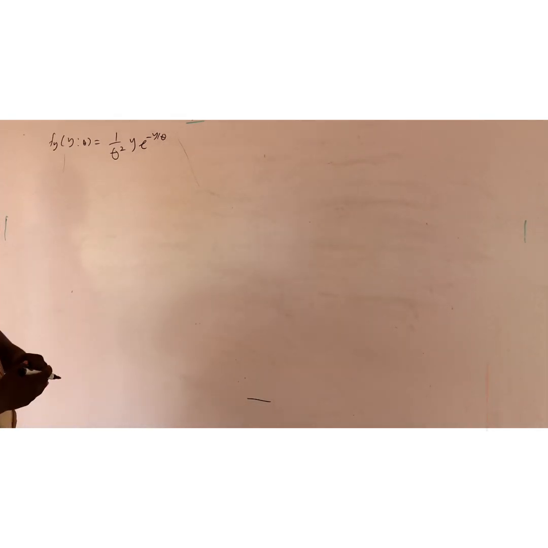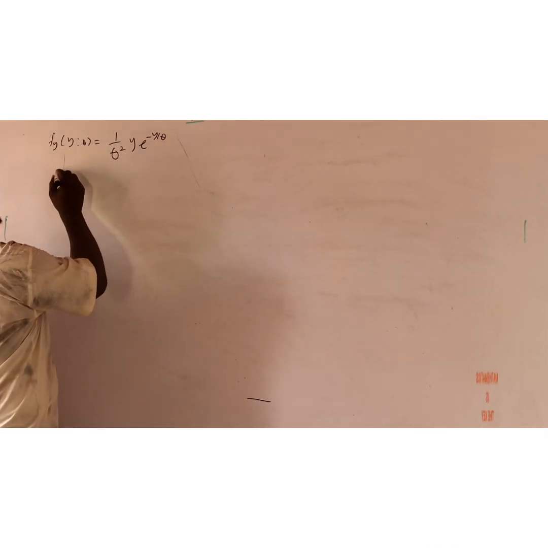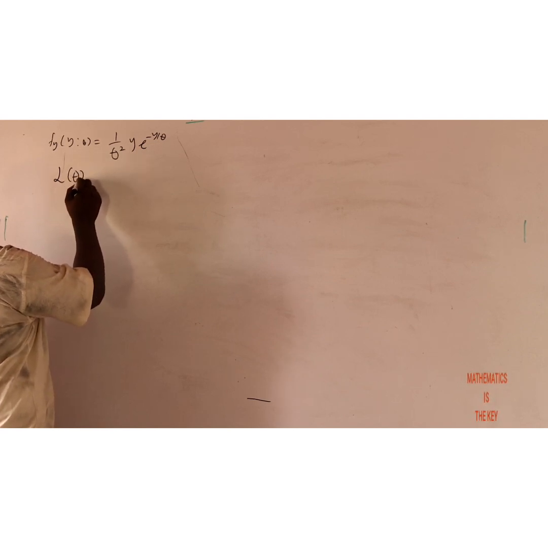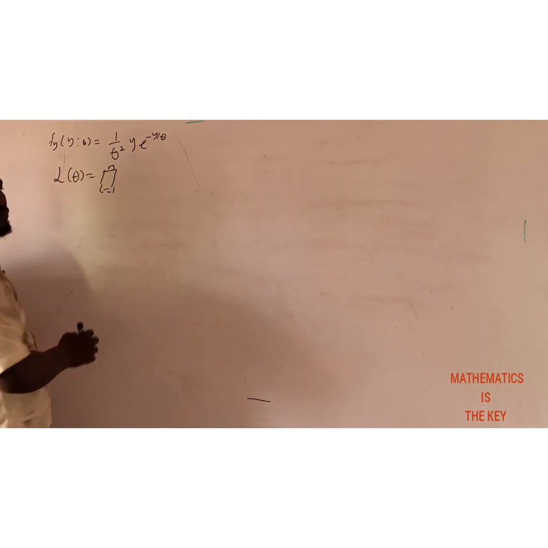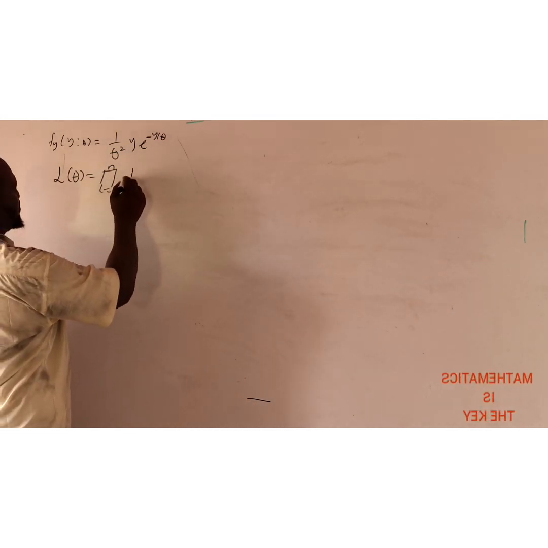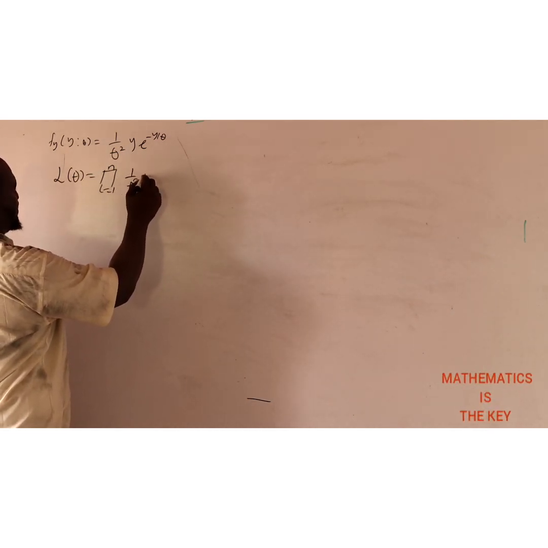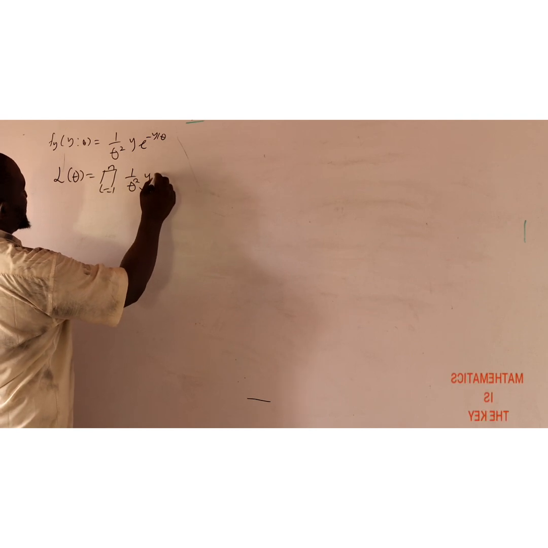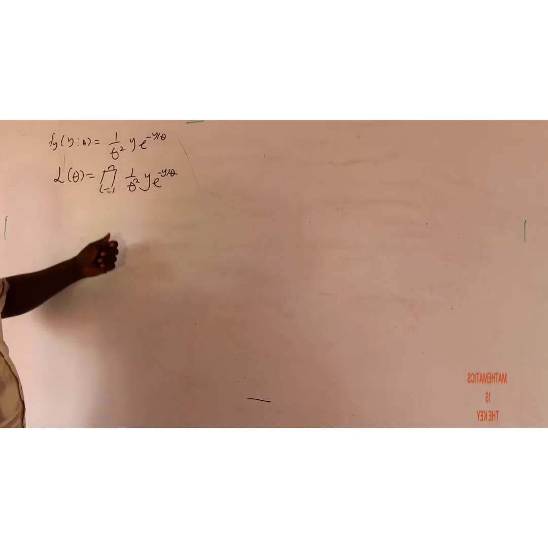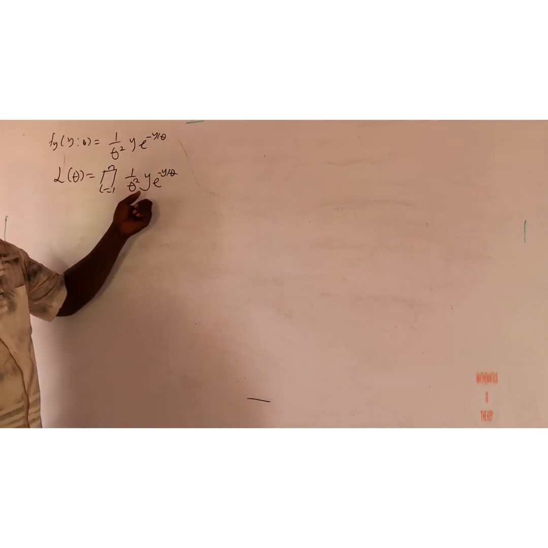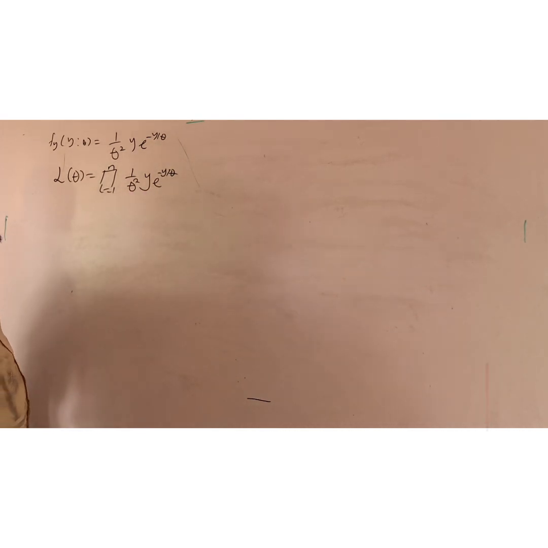So this is our function, and by definition, the likelihood of theta is defined as the product from i equals 1 to n of the function evaluated at different points.